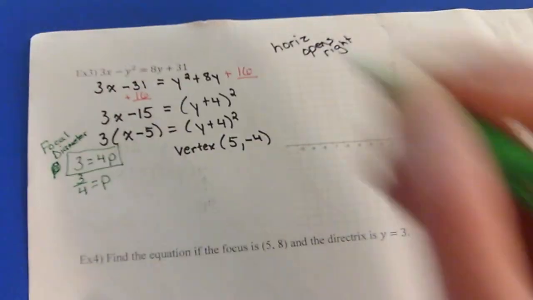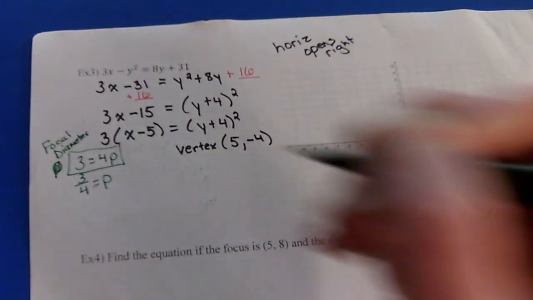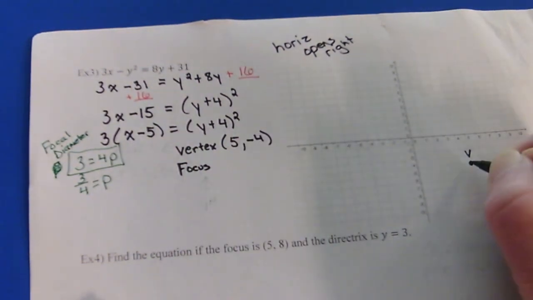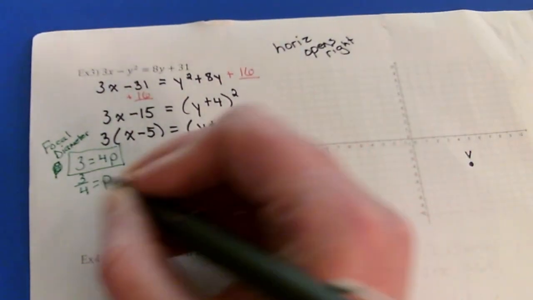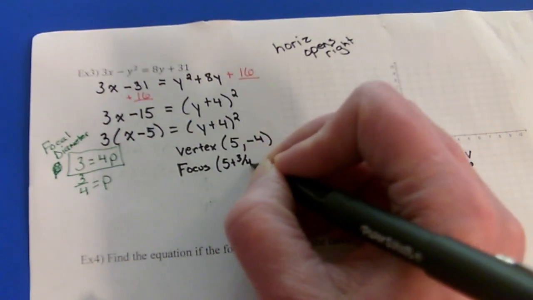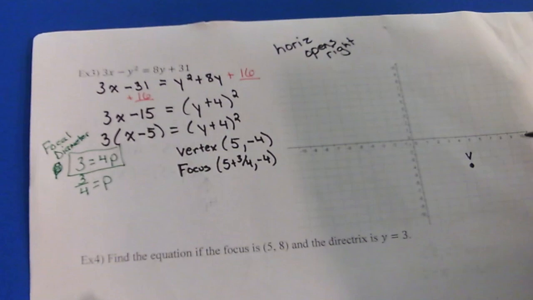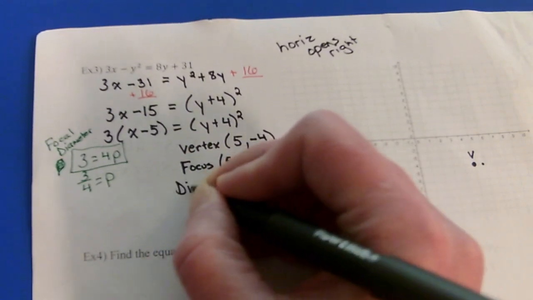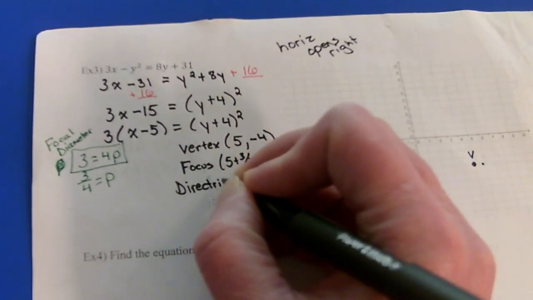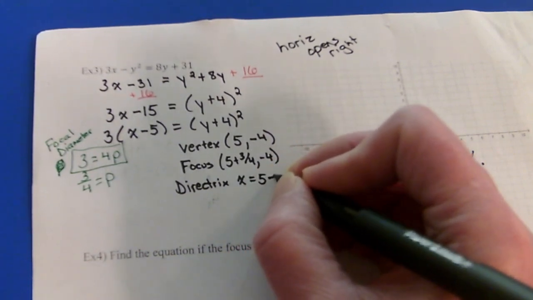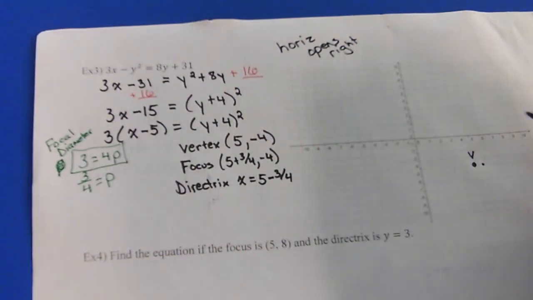So first I need to find the focus. And remember, there's only one focus here. It's going to be opening to the right, so I'm going to need to add to my x value, and I'm adding 3/4. So 5 plus 3/4 is right there. The directrix will be a vertical line at 5 minus 3/4.